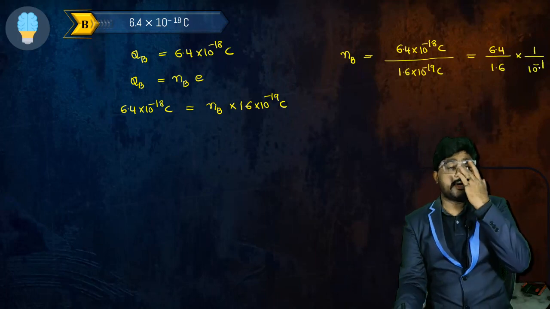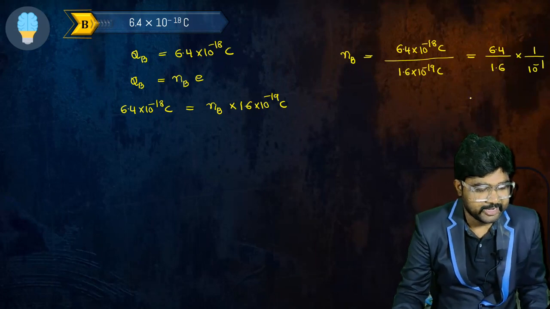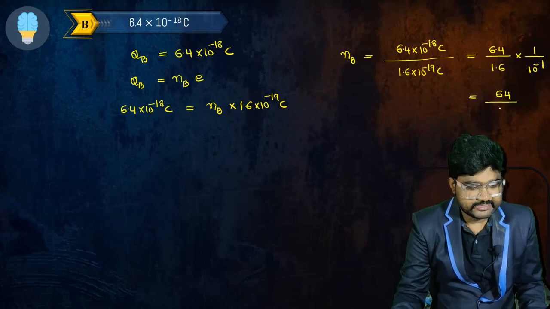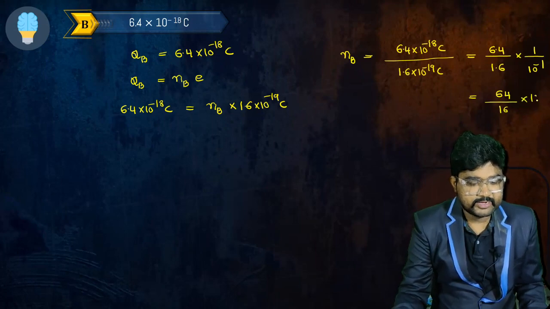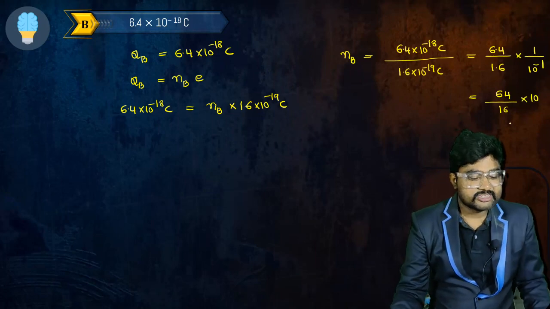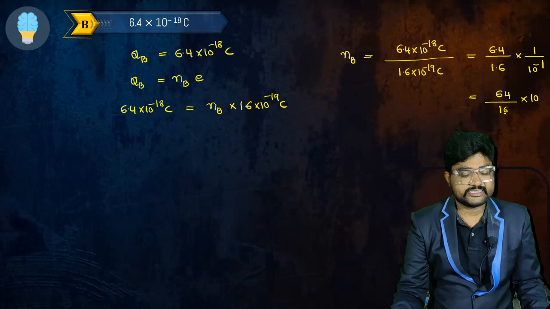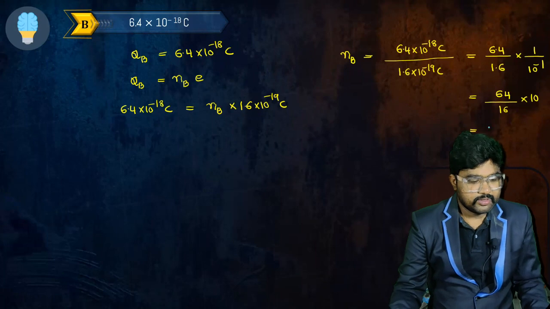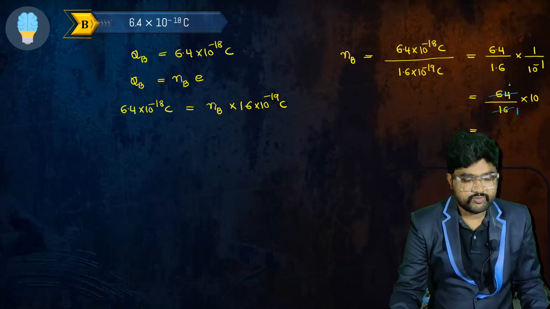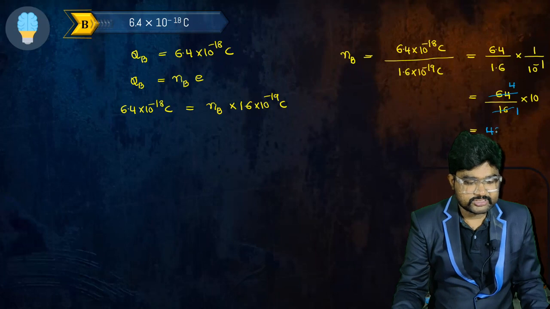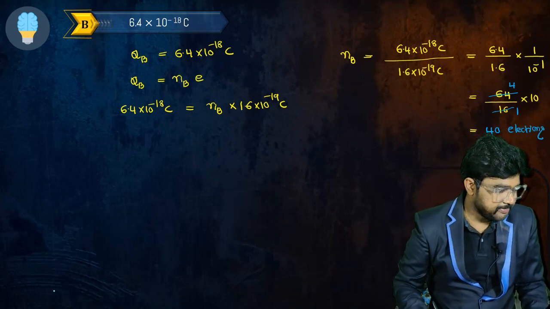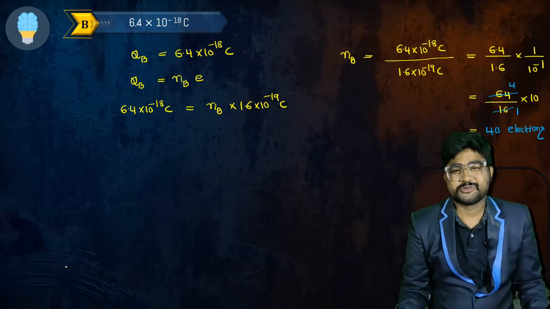Here you will be getting 64 by 16 into 10, since 10 to the power minus 1 goes to the top. That is 640 by 16. Just observe: 16 times 40 is 640, so 40 electrons. That means it is also an integer value, so option B is also possible.